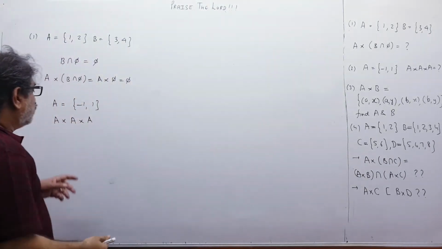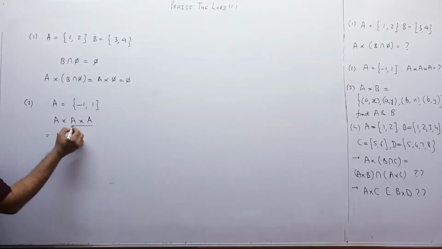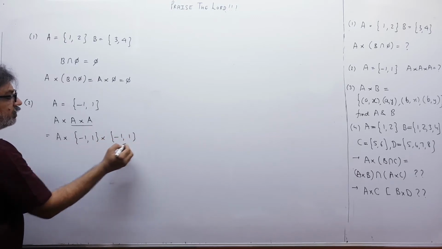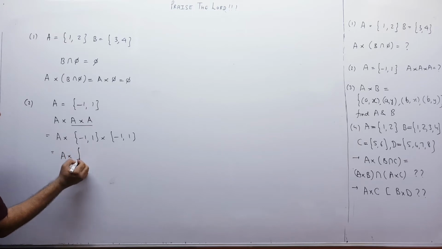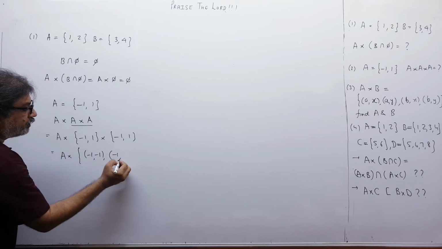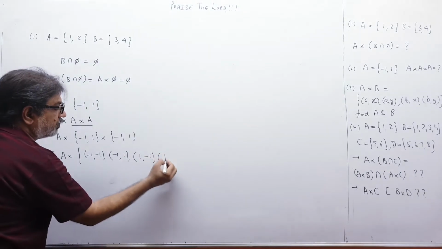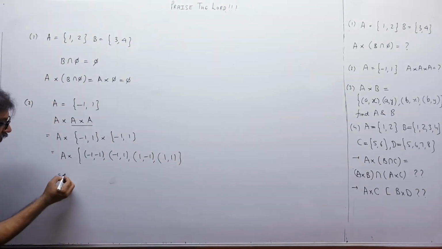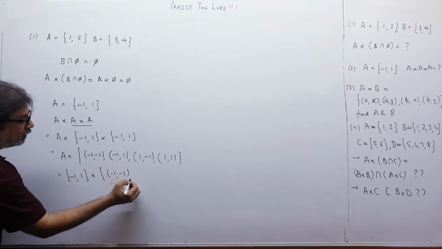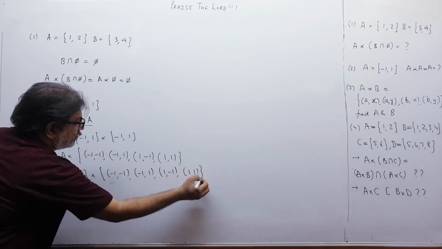Coming back, A cross A cross A means first I will take A cross A. So minus 1, 1 cross minus 1, 1. That will be minus 1 minus 1, minus 1 1, 1 minus 1, 1 1. So this is minus 1, 1 cross minus 1 minus 1, minus 1 1, 1 minus 1, 1 1.